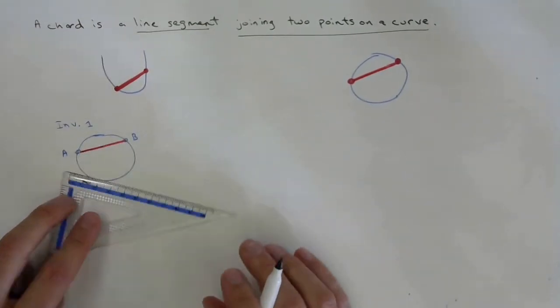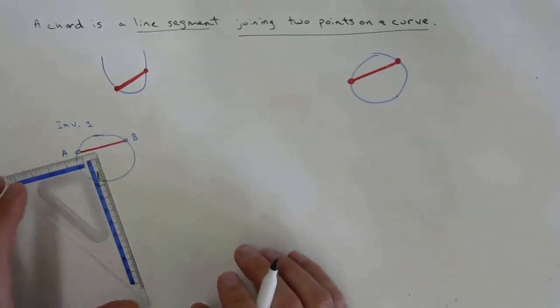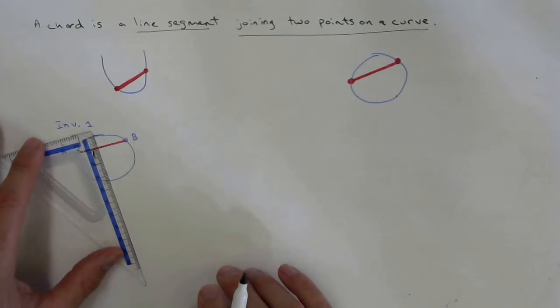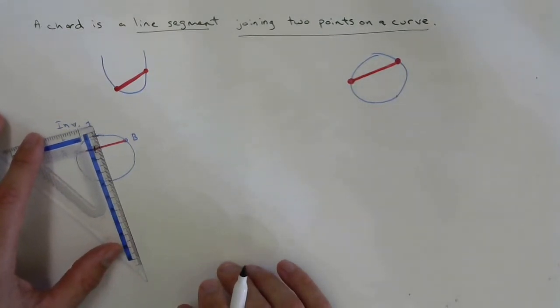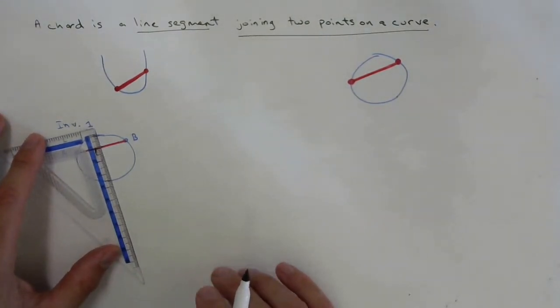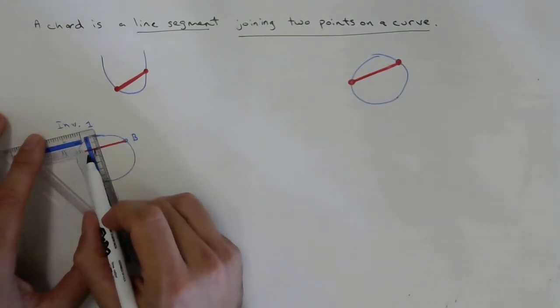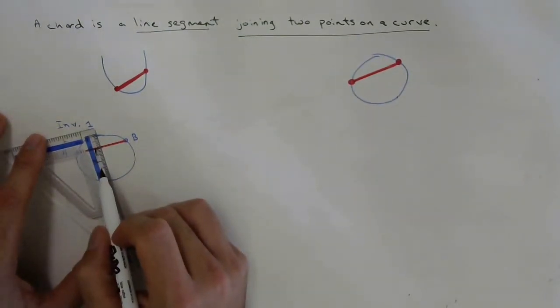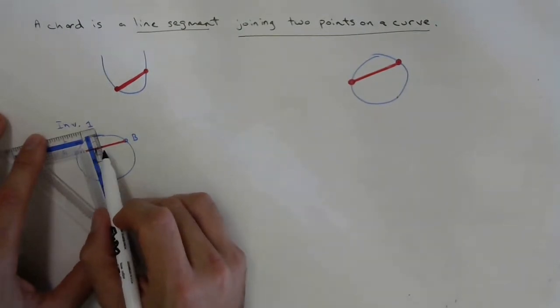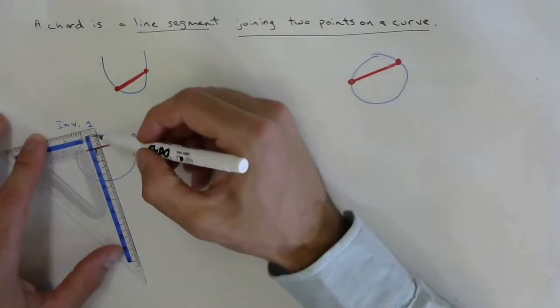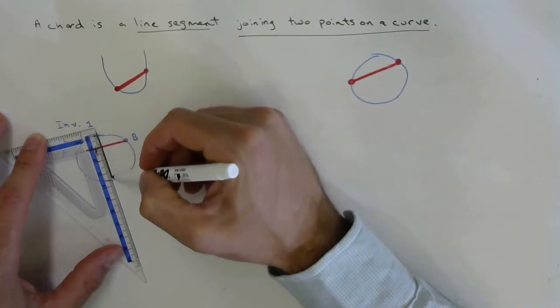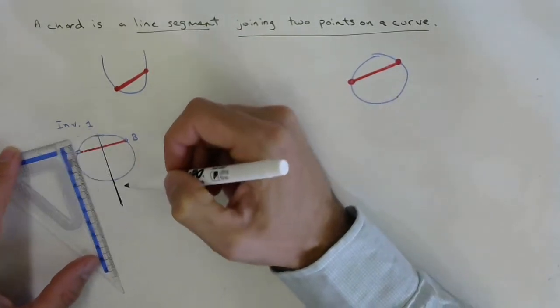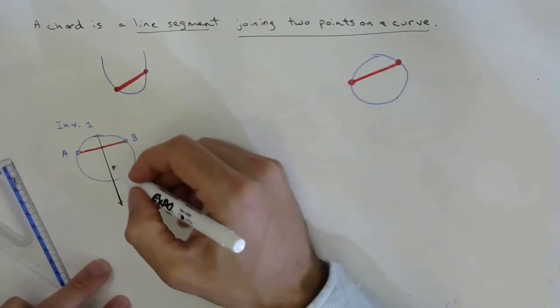And I'm going to do my best from there to draw the right bisector. It doesn't have to be the best right bisector you've ever drawn. But one way to do it is just to use those lines that are already on your ruler at each centimeter marking and line it up with your chord. Then you should be able to get a pretty decent right bisector.